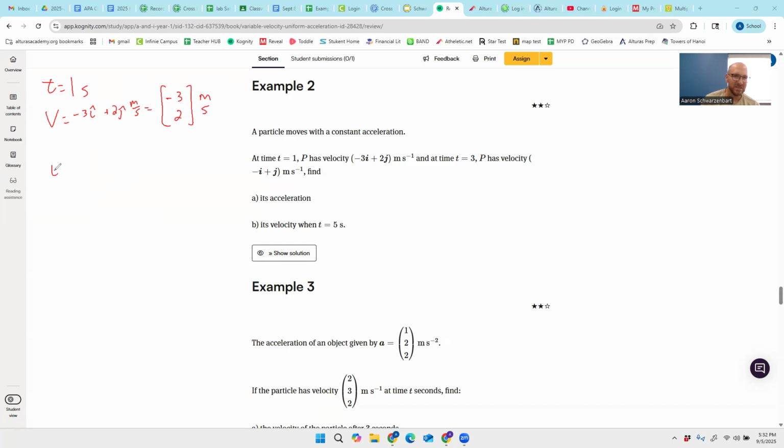At t equals 3 seconds, it has velocity negative i hat plus j hat, or negative 1, 1.